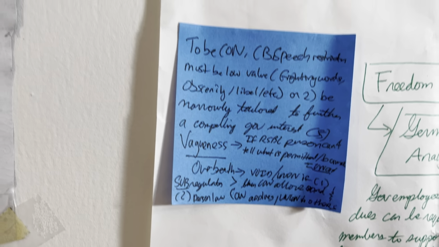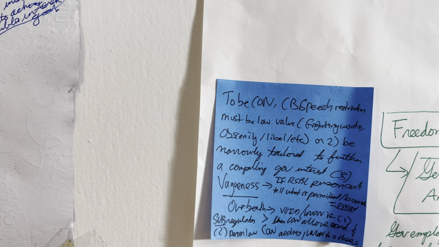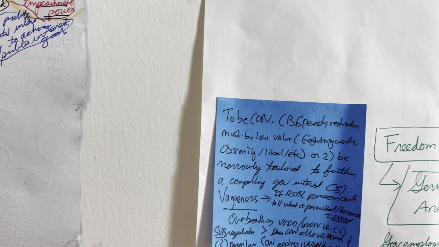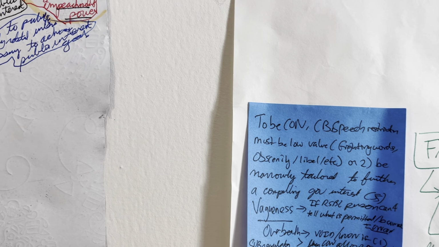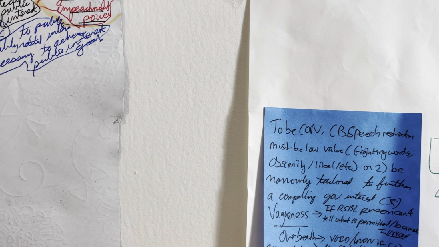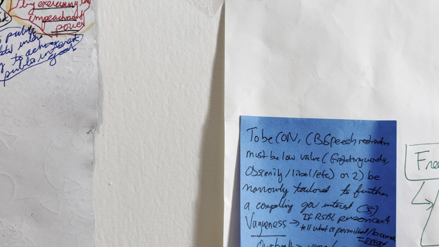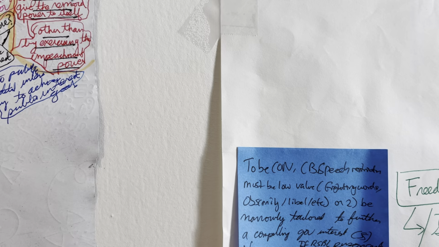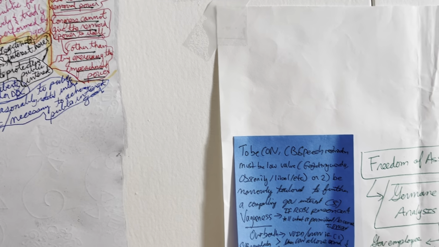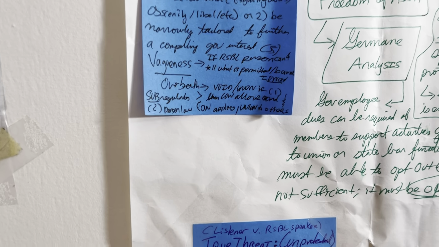Overbreadth: if it's overly broad, then it's void or unconstitutional, if it substantially regulates more than the Constitution allows, and the law is unconstitutional as applied to others, if it creates that disparity.